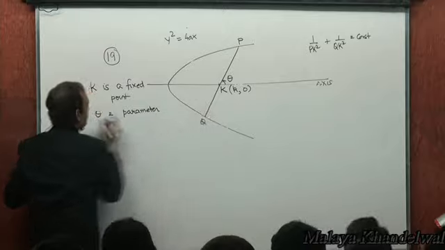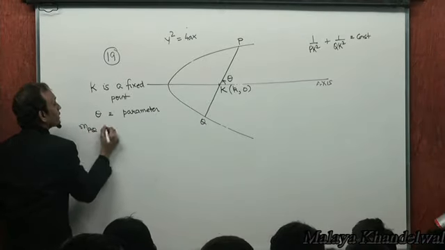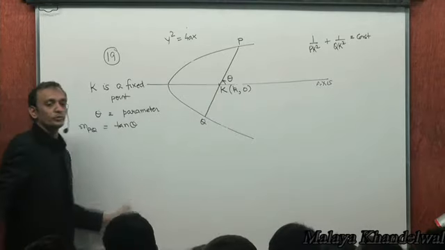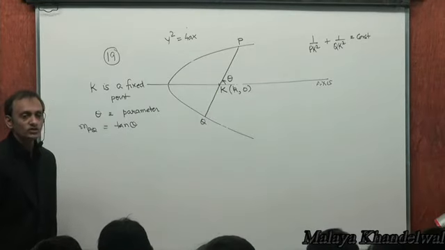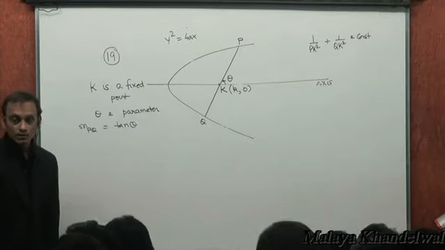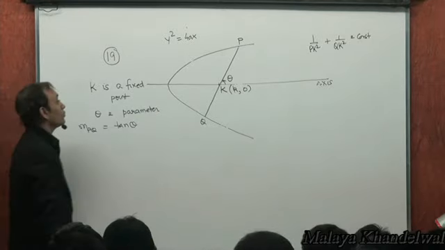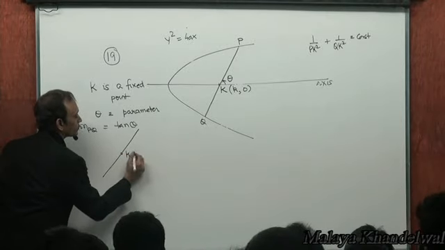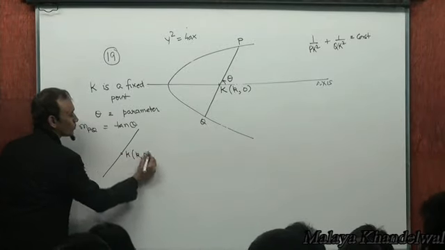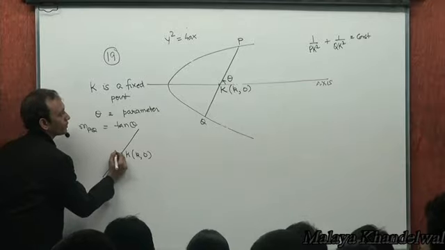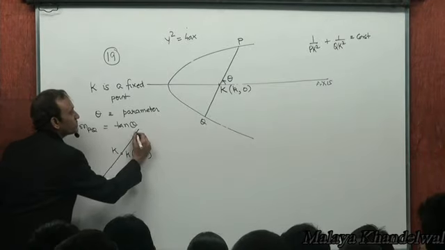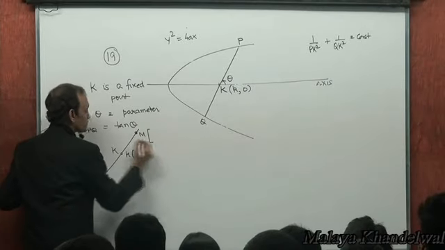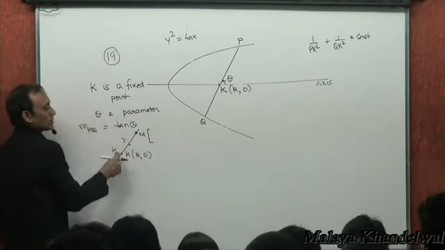Now what's the slope of PQ? If this is my choice of theta, then the slope of PQ would be tan theta, for a standard parabola. Now, suppose there is a point K, 0. Any point on this line can be written as, say, this distance KM is r.